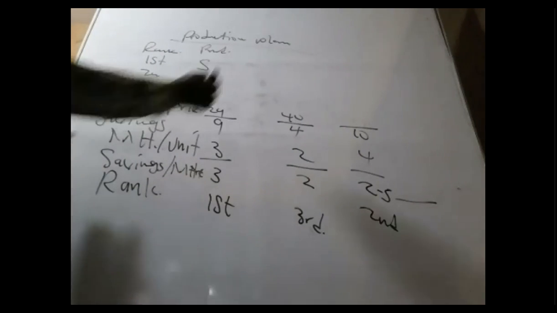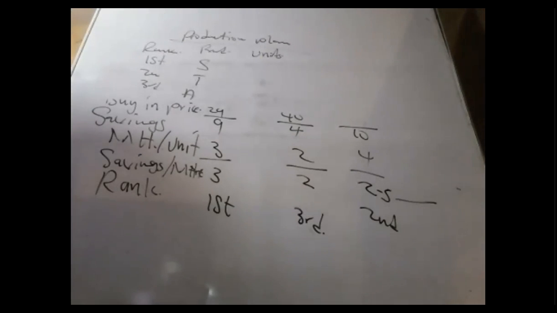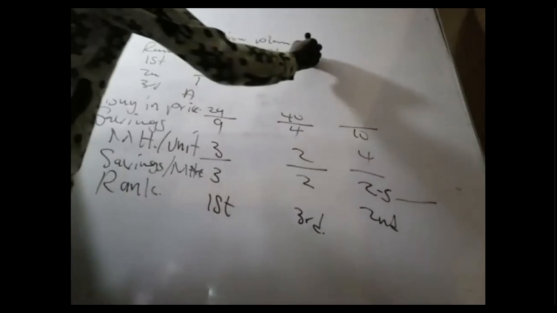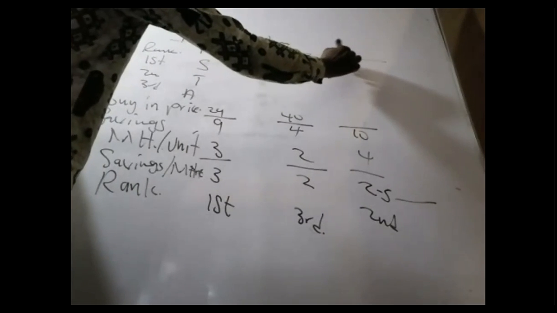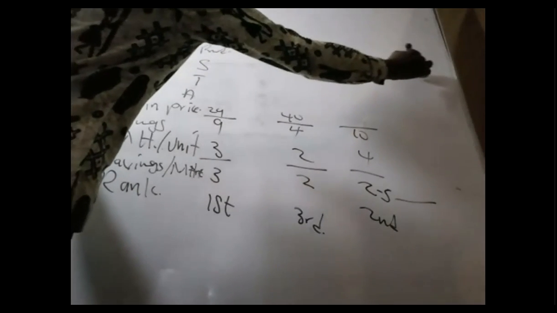Then demand. The units here, for each of them, the maximum demand is 4,000. And then the limiting factor, which here is machine hours, and the total machine hours.